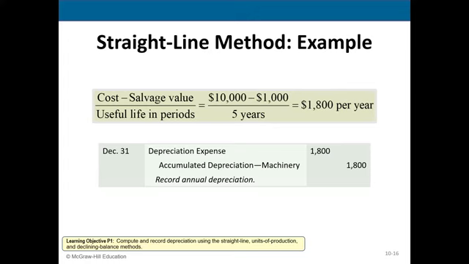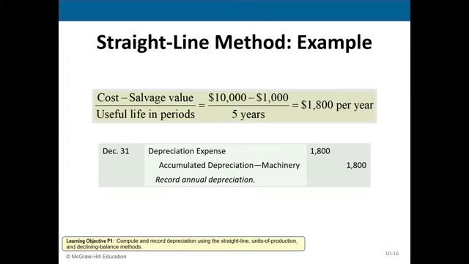So cost minus salvage value divided by useful life. The other way to write the equation is depreciable value divided by useful life. So in this example, cost minus salvage value is 9,000, divided by useful life of 5 years. That is $1,800 per year.